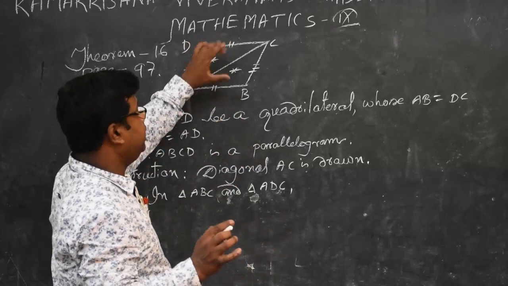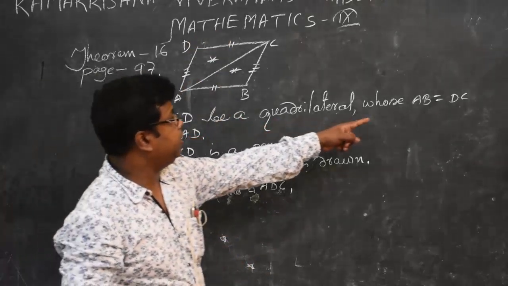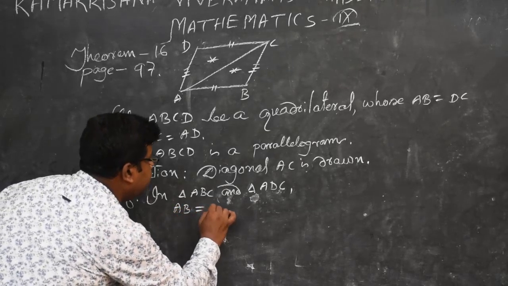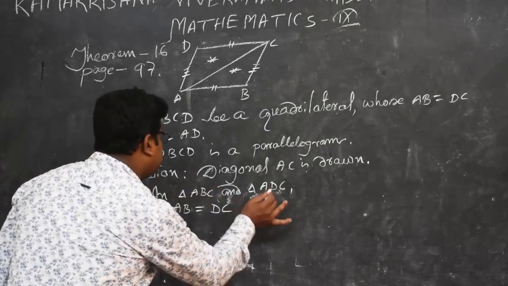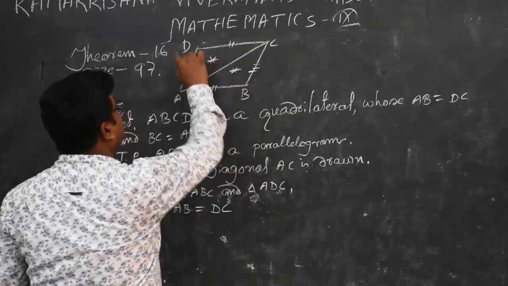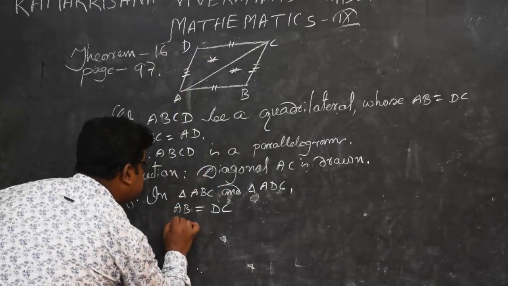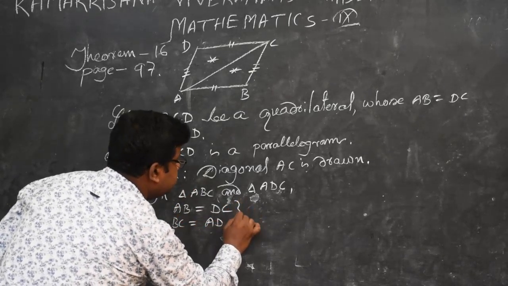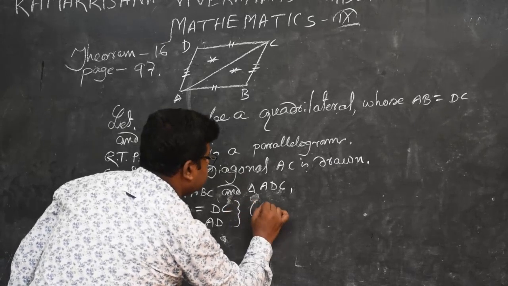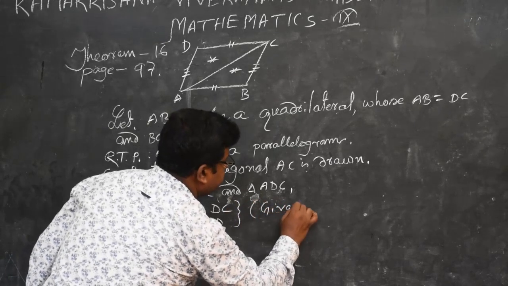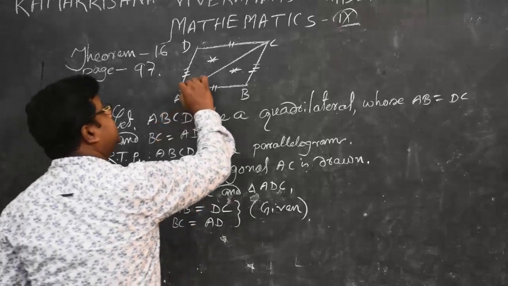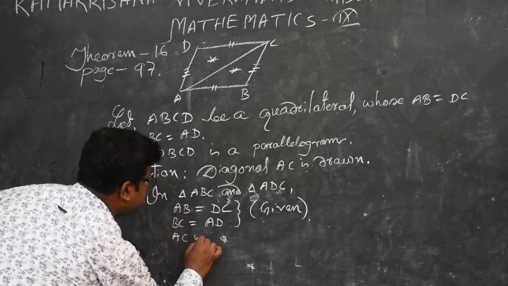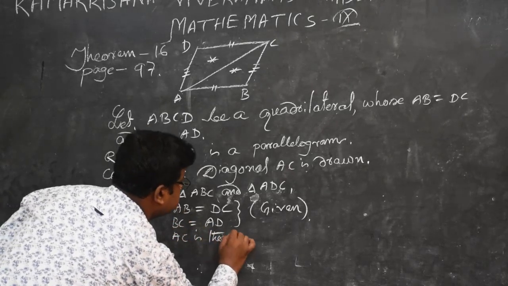And BC equal to AD. It is also given. These two pieces of information are given. And AC is the common side of these two triangles.